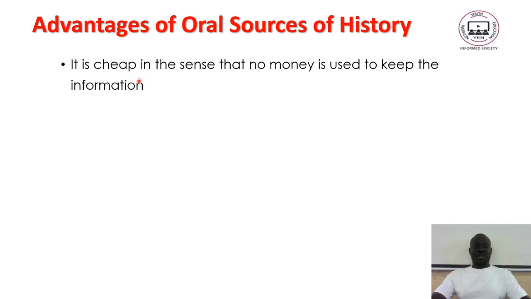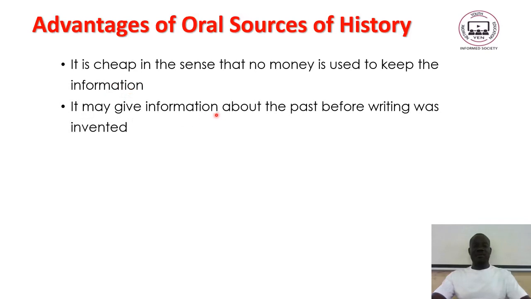It is cheap in the sense that no money is used to keep the information. You don't need money to keep this information because it is passed on automatically through songs and the folk tales. So there is no need to have money to use this oral source. And it may give information about the past before writing was invented.